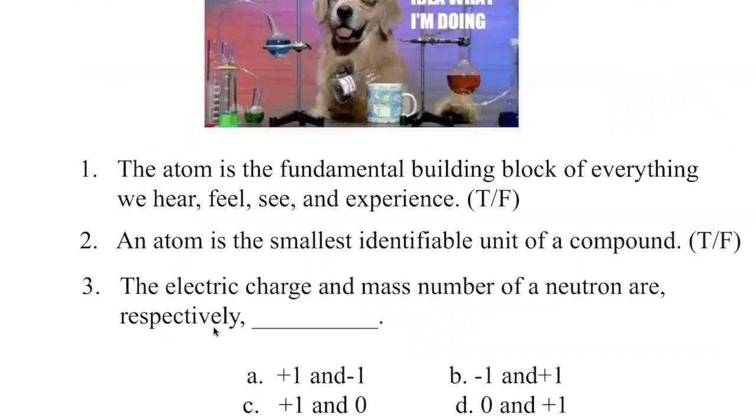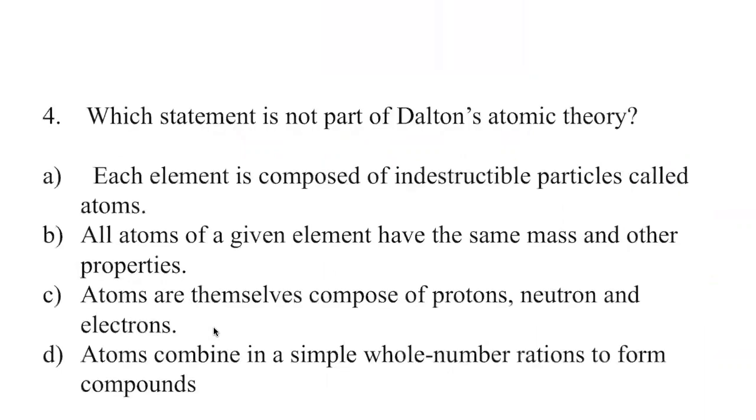The answer for the first one is true. The answer for the second one is false. Remember that we didn't discover that the atom had subatomic particles until after Dalton's theory. Third one is D. Next one.